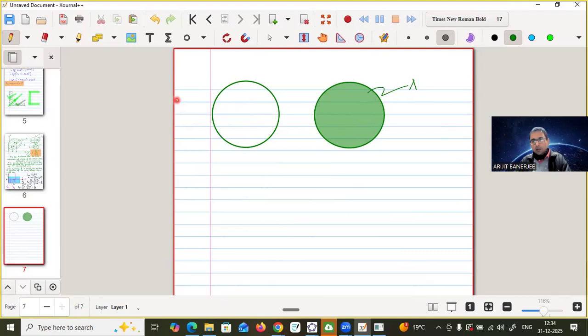Say the area is pi r square, and the radius is r. So if we want to determine the moment of inertia about this axis, this is the x, this is y.